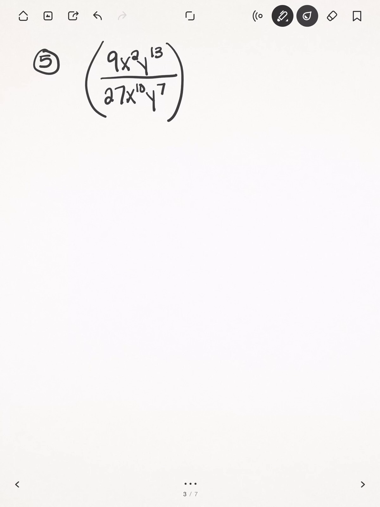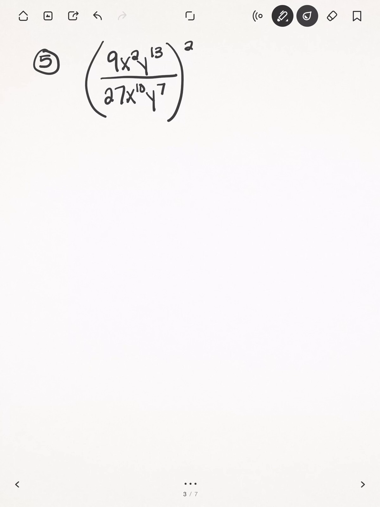I want you guys to simplify this problem, number 5. If you have 9 x squared y to the 13th power divided by 27 x to the 10th y to the 7th, and the whole thing is raised to the 2nd power.